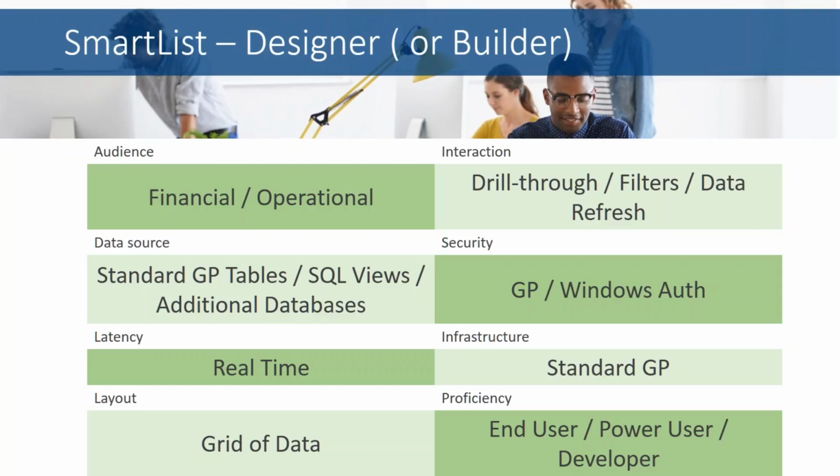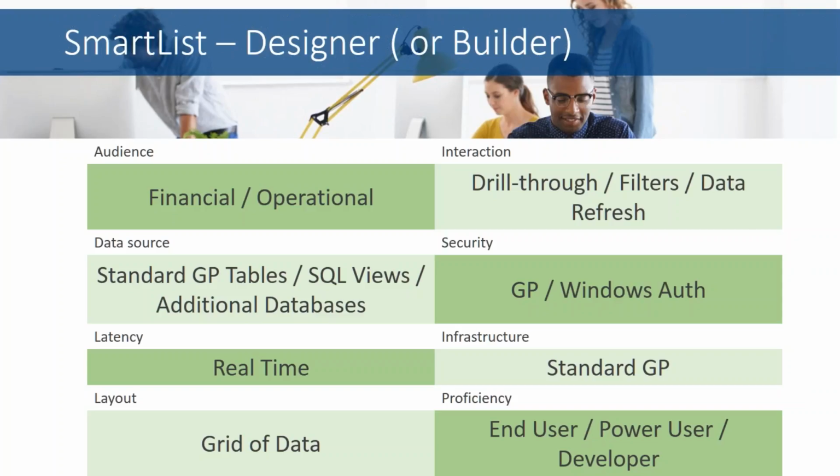So this again is inside GP. Security is going to be GP. There's a Windows authentication there for my security because you can use Report Builder, which is on the outside of GP. So our Smart List Designer and Builder: depending on what version of GP you're on, in the newer versions of GP it's called Designer because it is now Microsoft owned.